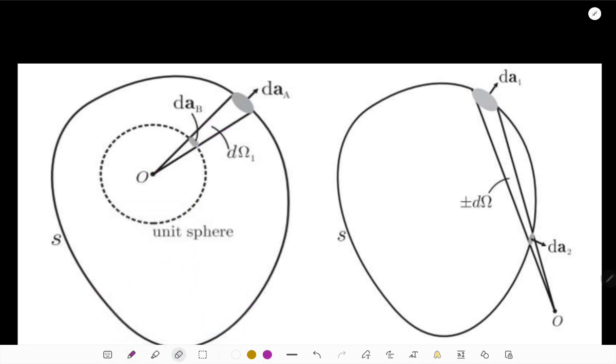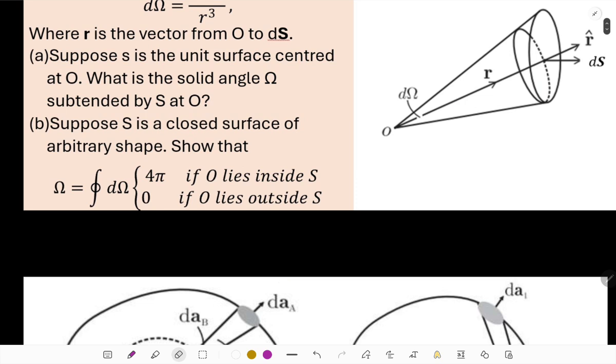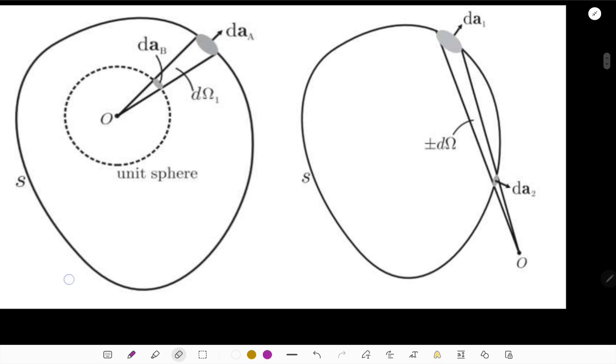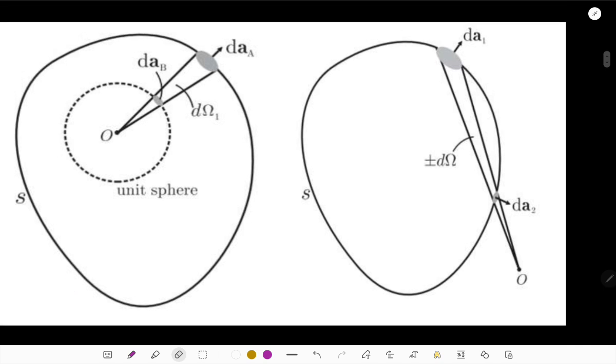And the second result is: suppose S is a closed surface of arbitrary shape, then it subtends a total solid angle 0 at a point O that lies outside this closed surface. And this is the figure. I have again taken a point O outside the closed surface, and I tried to make two cones.